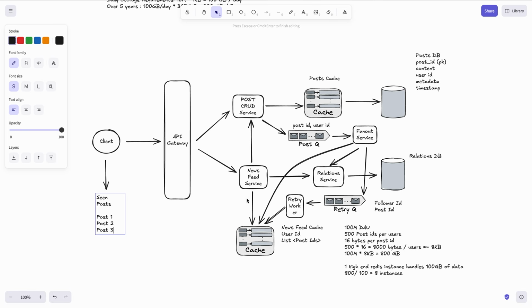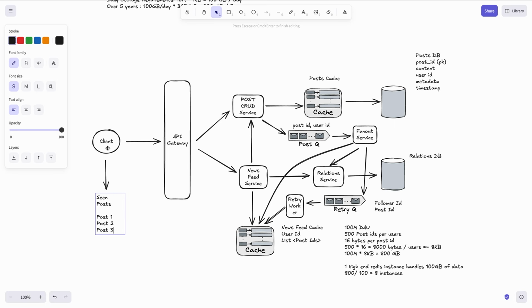It simply asks for the newest posts from the newsfeed service. So our newsfeed service sees this request and knows to return the absolute newest posts available in our cache, and the service doesn't care what the user has seen. It simply provides the latest content to the client.